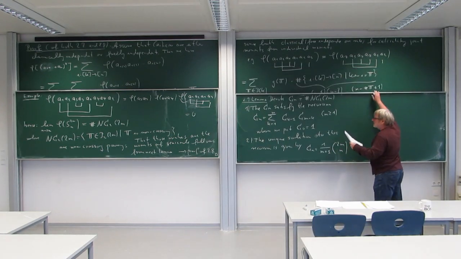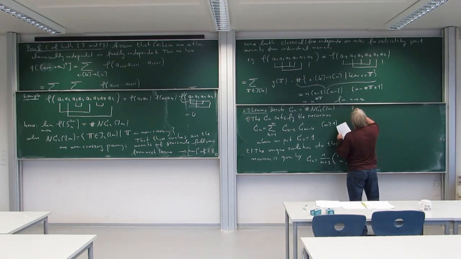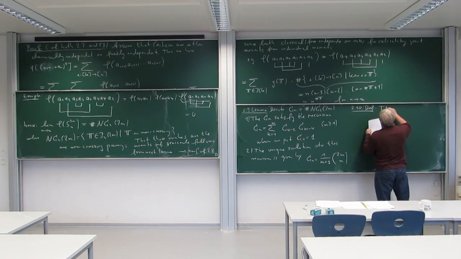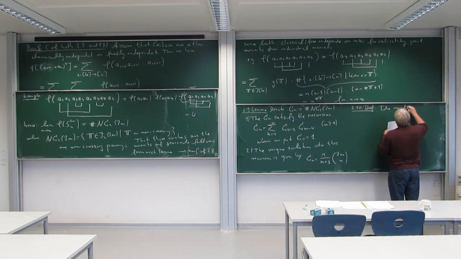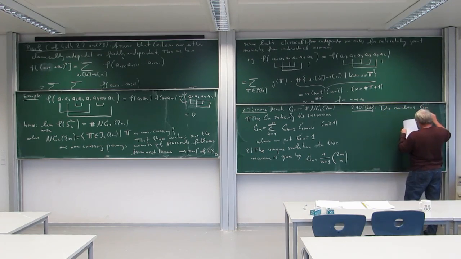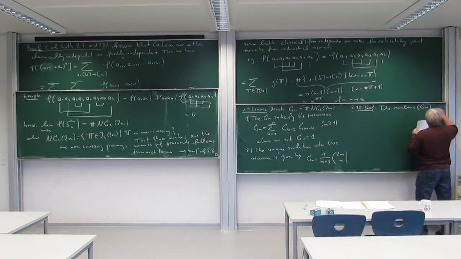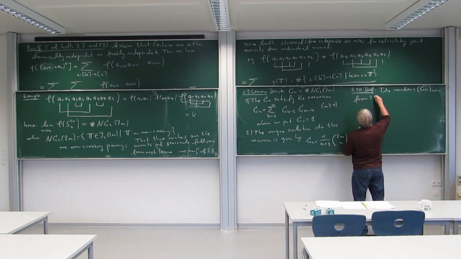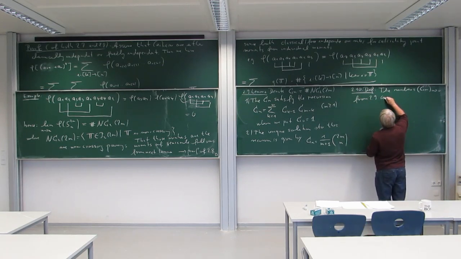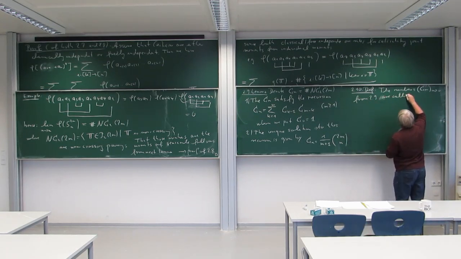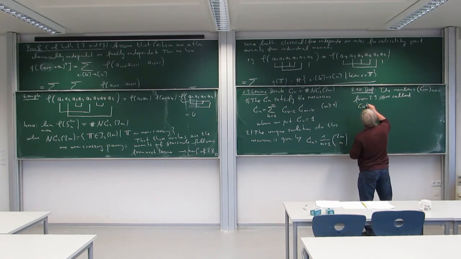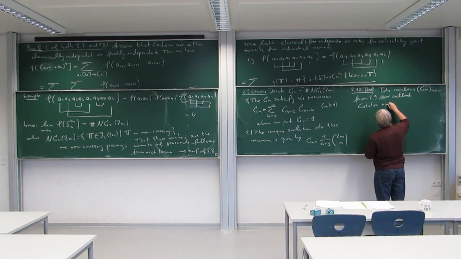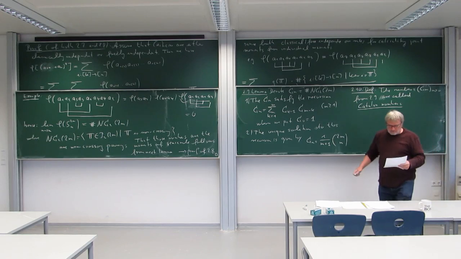So let me make this definition: those numbers C_m from this lemma are called Catalan numbers, after Catalan.